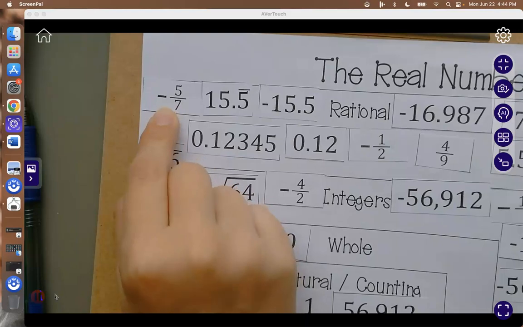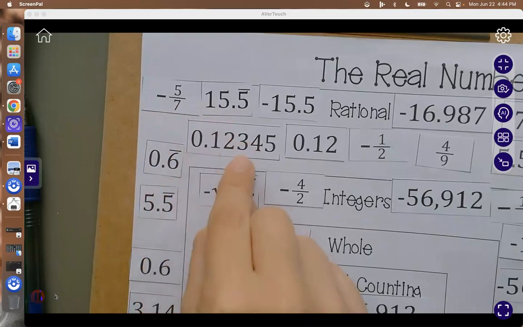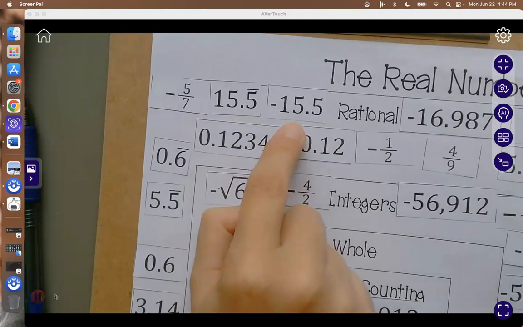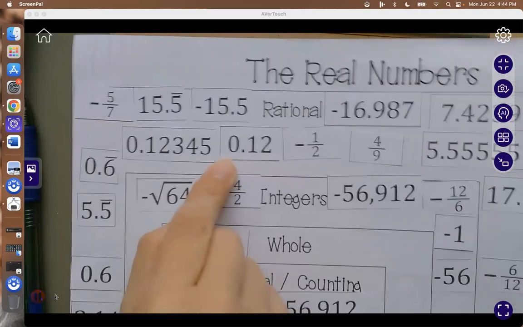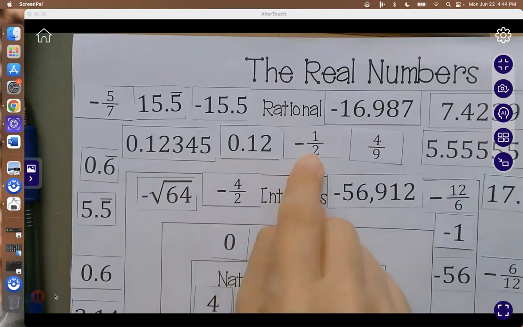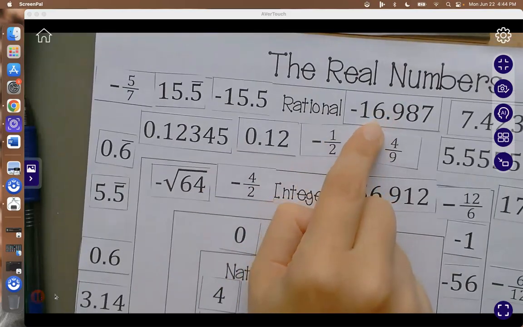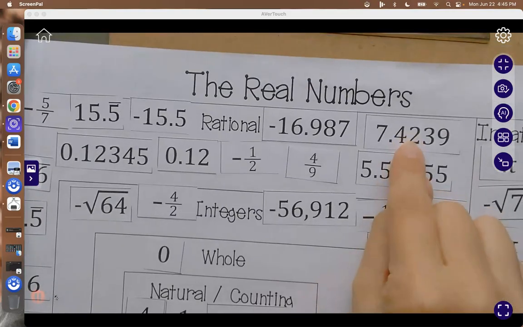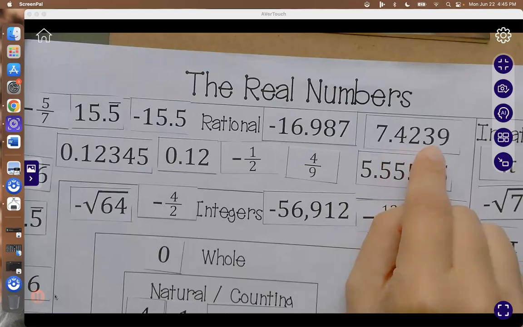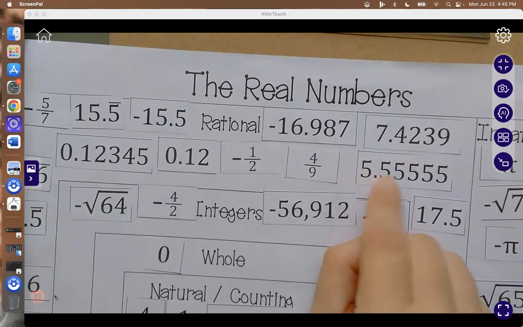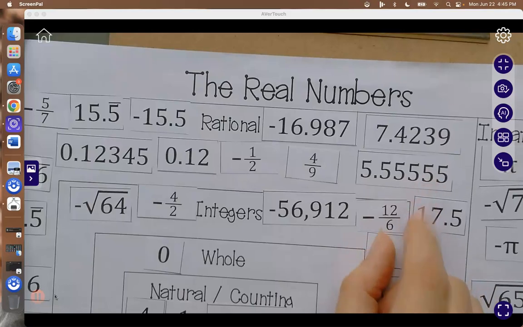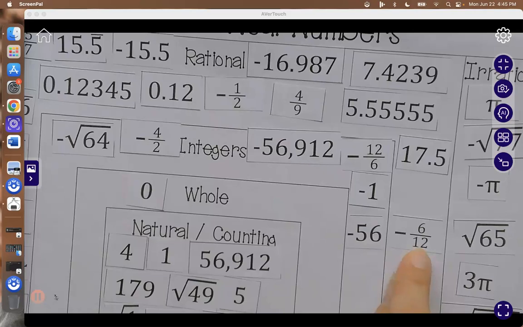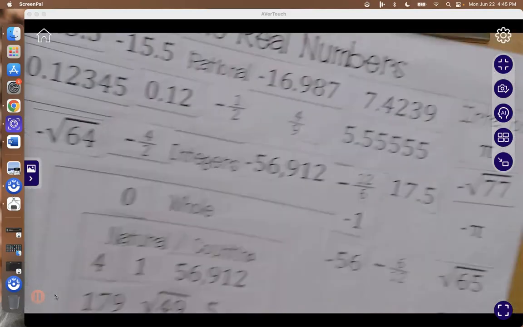Negative 5/7, 15.5 repeating, 0.12345, negative 15.5, 0.12, negative 1/2, negative 16.987, 4/9, 7.4239, 5.55555, 17.5, and negative 6/12. So make sure you have all of those in there.